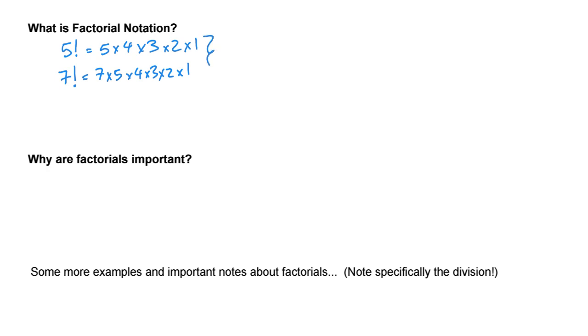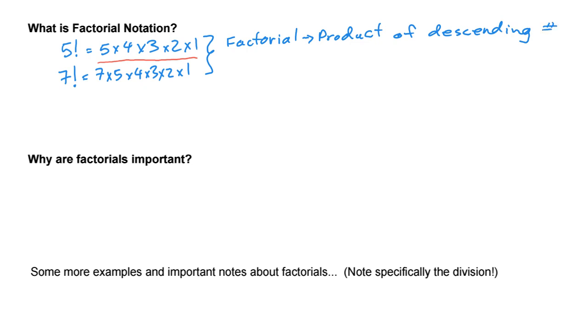In English, we would say this is a factorial, what we have underlined here in red. Okay, a factorial is nothing more than the product of descending numbers down to 1.